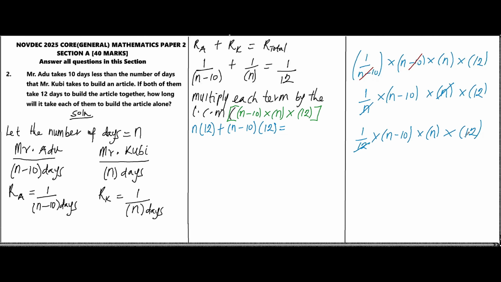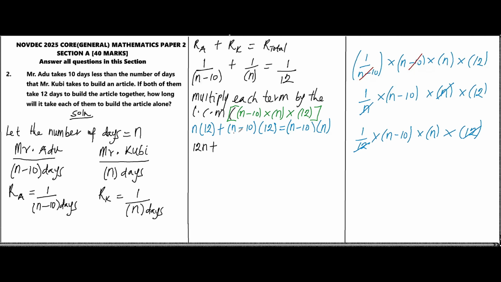So 12 and 12 will cancel out, leaving 1 multiplied by n minus 10, which is n minus 10, then multiplying n. So now let's simplify. n times 12, I think that gives 12n.